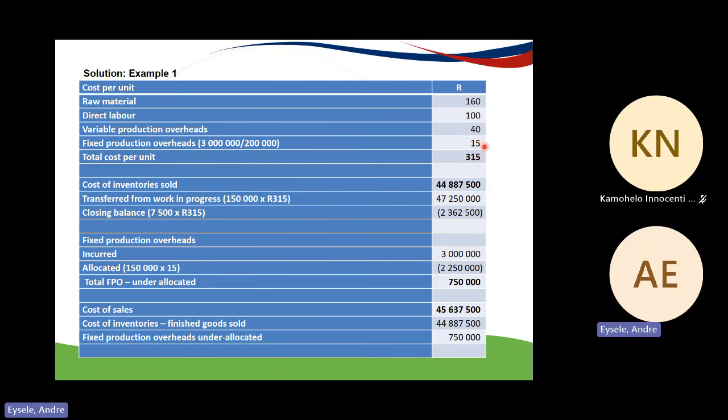Remember, how did we get that cost? We added your raw material, your direct labor, your variable production overheads, plus your fixed production overheads based on normal capacity.